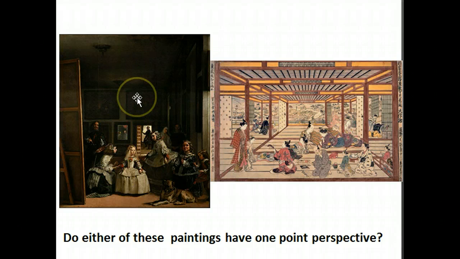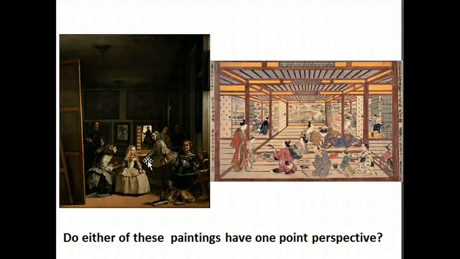Now, Las Meninas, what do you think? Is this a one-point perspective? We do see a doorway that mimics a vanishing point, right? Our eye is drawn to that doorway, the light in the doorway. But are there orthogonal lines that line up with that vanishing point back there?